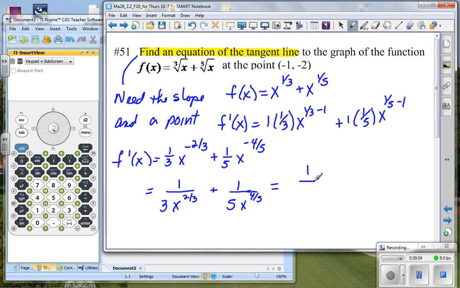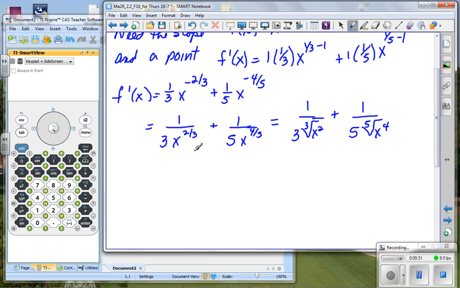So we're going to write it as 1 divided by 3, and this 2/3 power is the same thing as the cube root of x squared, plus 1 divided by 5, and the 4/5 power would be the 5th root of x to the 4th. Now, we need to find the slope at a point. Again, this is a function whose output is going to be a slope.